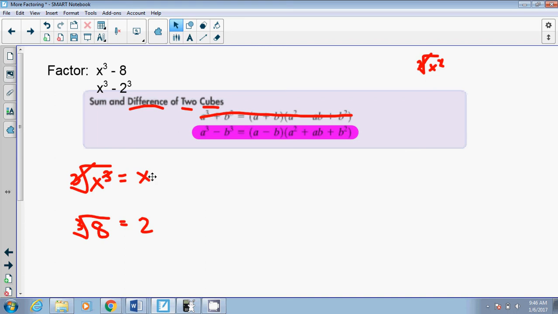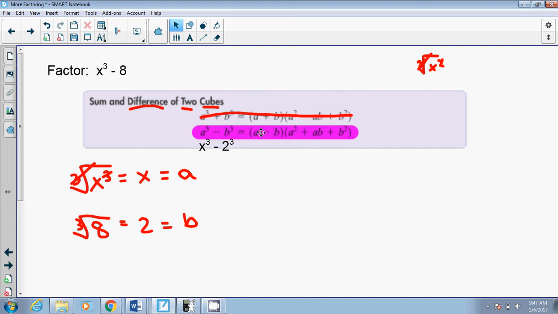So really, x is a, because it's my first term cubed, and 2 is my b, because it's the second term that is cubed. So look at the format, how they're set up. A is pretty much x, and b is pretty much 2.